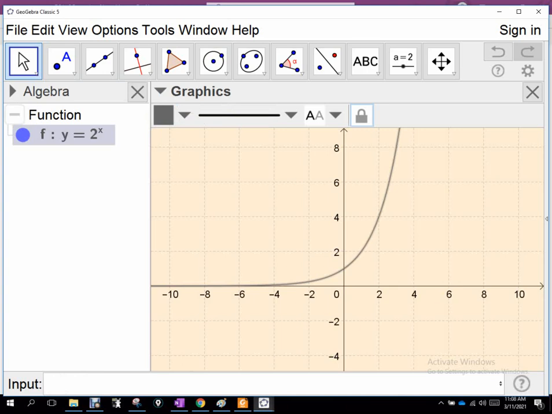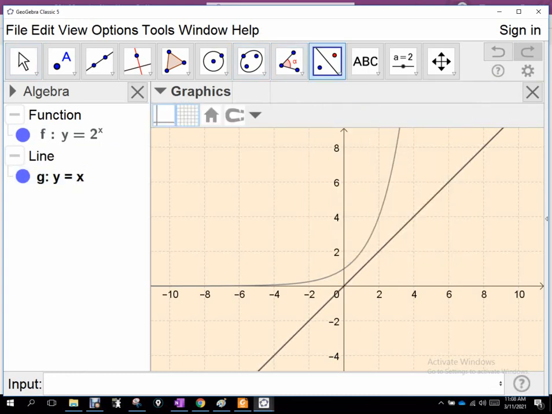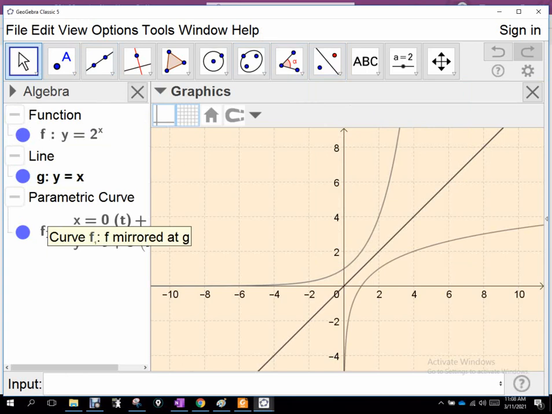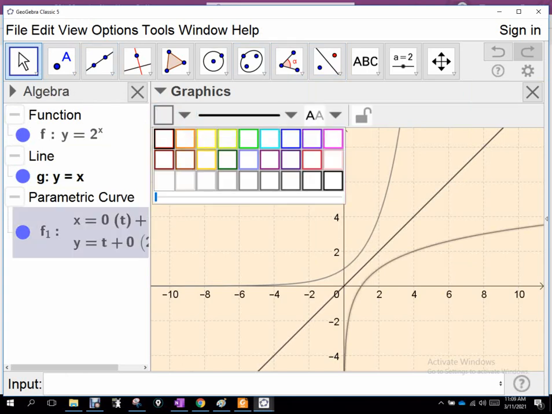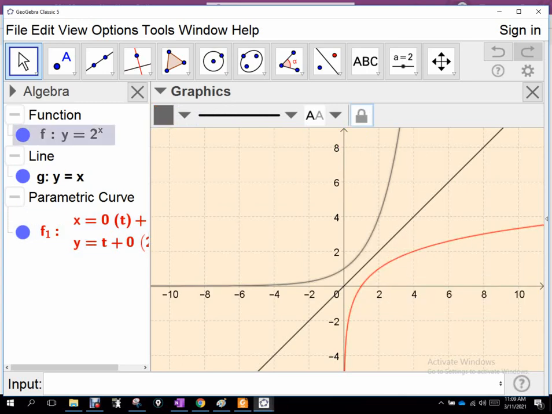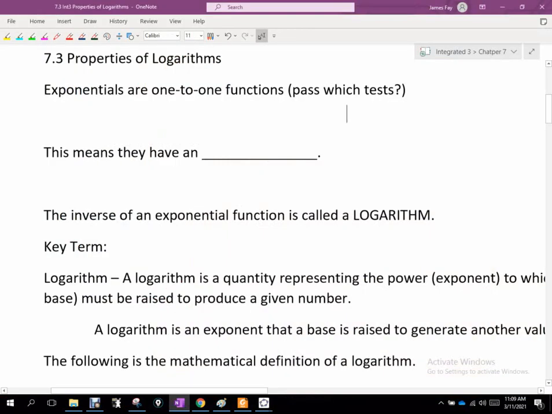If I have the line y equals x, and I reflect this thing over the line y equals x, that new curve, that red curve, is the inverse of the exponential. This inverse of an exponential is called a logarithm. And we're going to investigate what a logarithm is and how we deal with it.